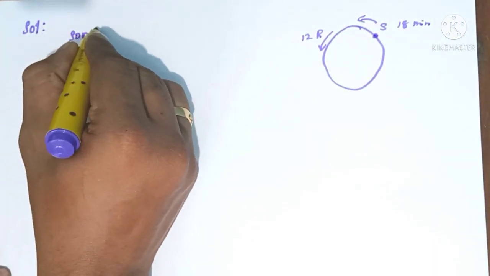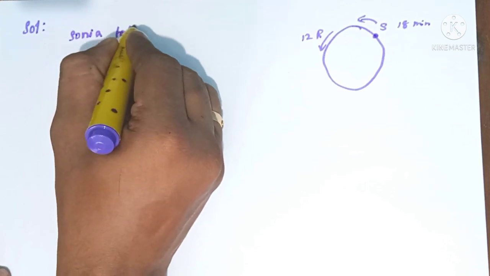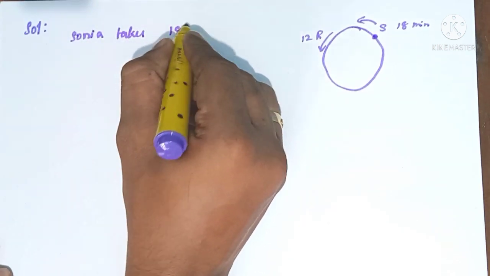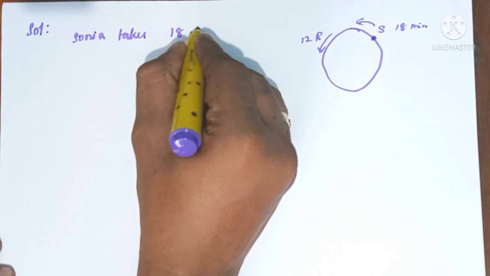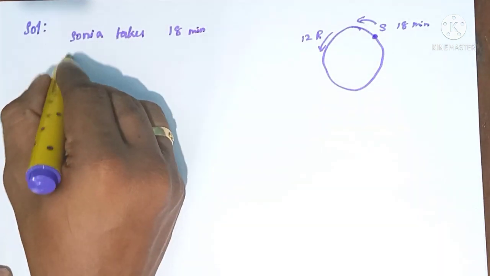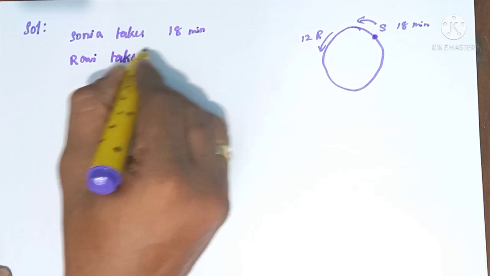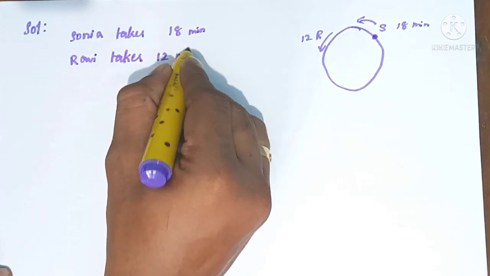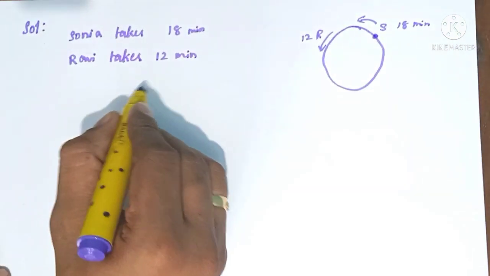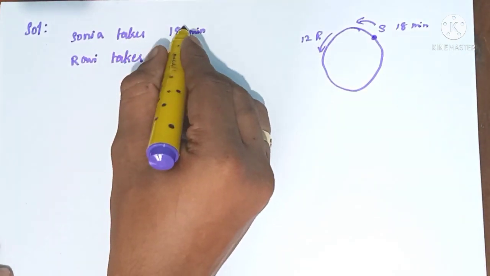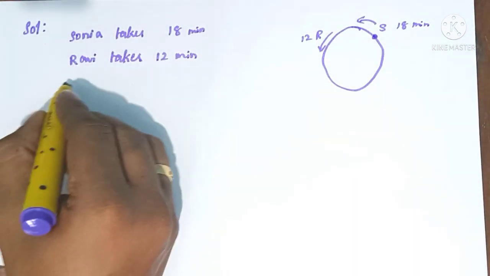So Sonia takes 18 minutes, right? Ravi takes 12 minutes. So they will meet again at the LCM of 12 and 18.